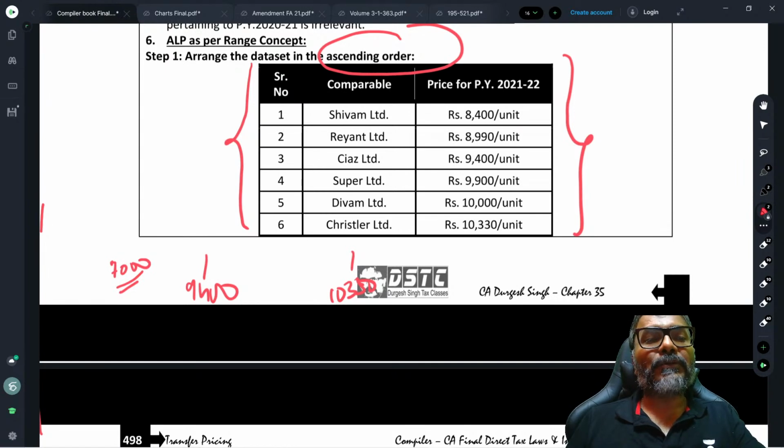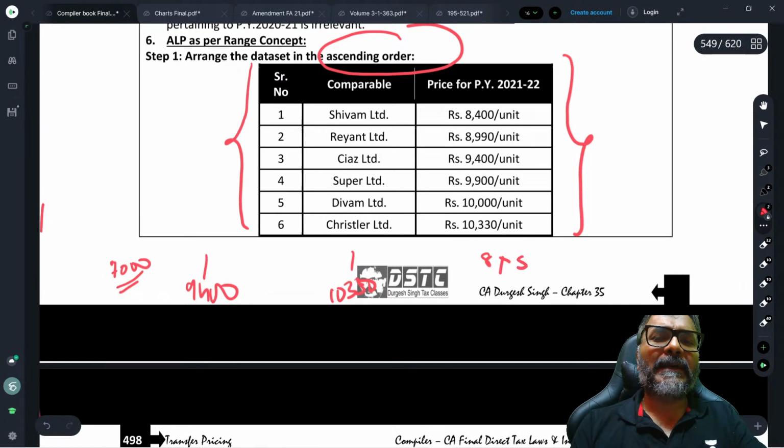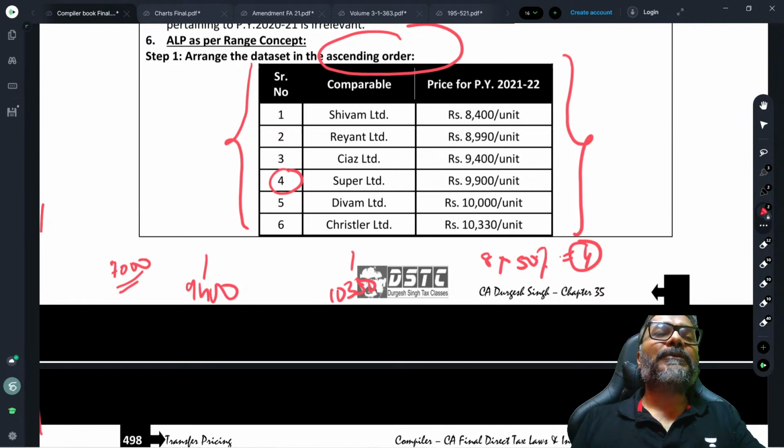Accordingly, students, we will take 50% of the data set. The data set is 8, 50% is 4. Now, whenever there is an absolute number, it is not accepted. You don't accept the absolute number. In that case, you will have to do the average.